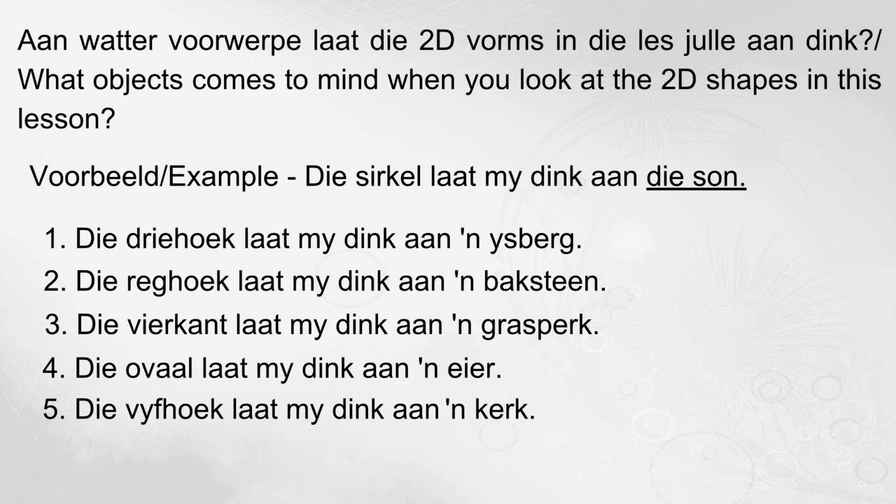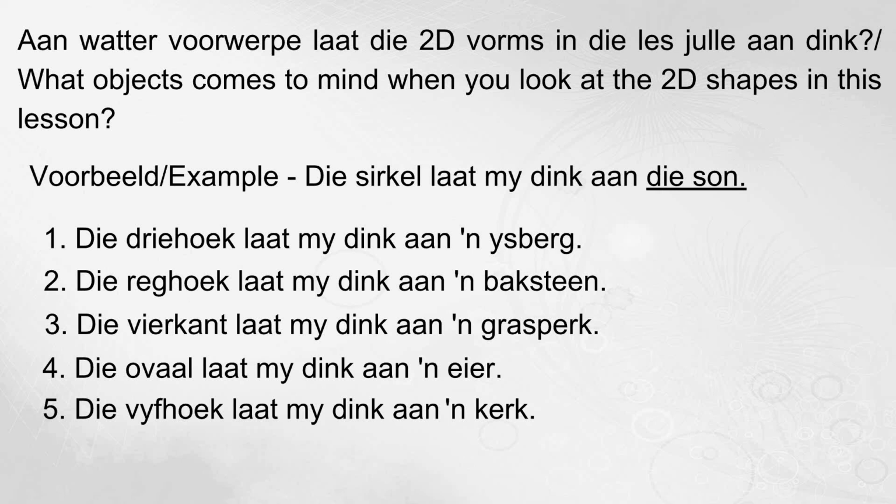So why did we use 'n rather than die in the other sentences? 'n is an indefinite article and die is a definite article. We know that there is only one sun, so it's definite.